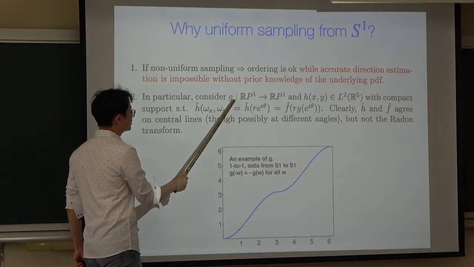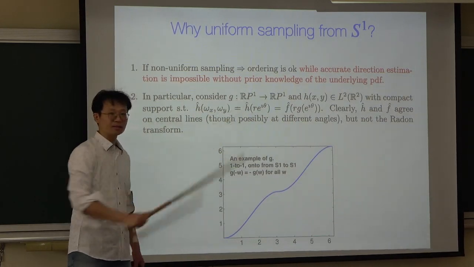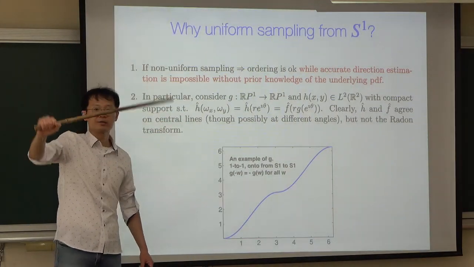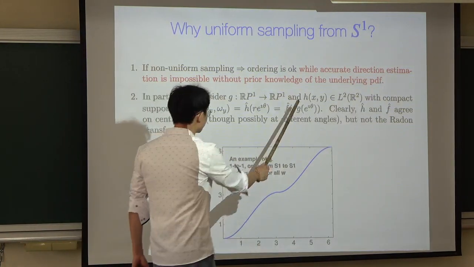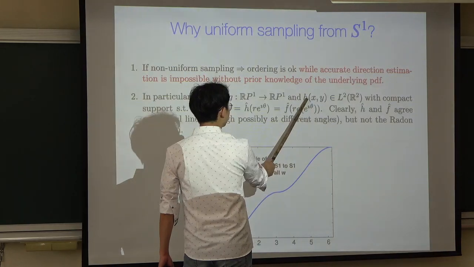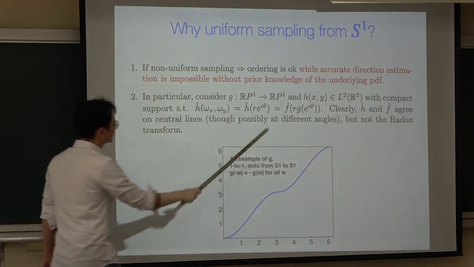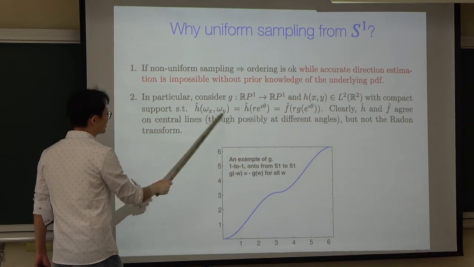For example, you consider a function G, which is from RP1 to RP1. RP1 is the set of all directions in S1, in R2, all directions in R2. And you say, hey, let's consider another function H, which is compactly supported. And you can easily request this H to satisfy this condition.